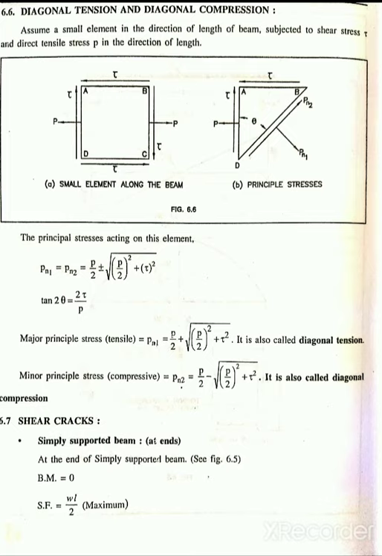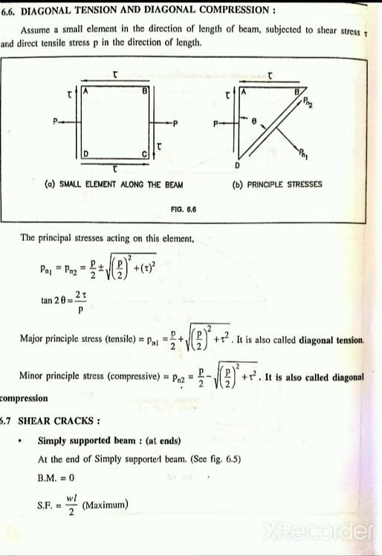So the principal stresses acting on this element, Pn1 and Pn2, are equal to P by 2 plus or minus square root of (P by 2) whole square plus tau square. Now tan 2 theta is equal to twice tau by P. Now the major principal stress, tensile, Pn1 is equal to P by 2 plus square root of (P by 2) whole square plus tau square.